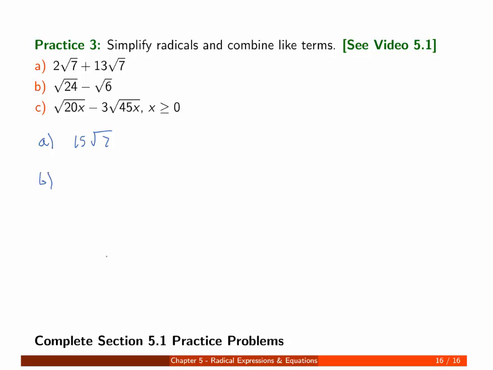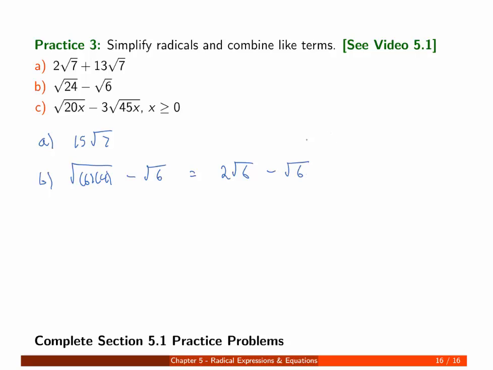Okay, root 24 minus root 6. Well, this one, I need to rewrite 24 such that I get a root 6 out of this. Don't bother with this root 6 because that's a lower number. Here you can clearly write this as root of 6 times 4, minus root 6, which would equal 2 root 6, because square root 4 is 2, minus root 6.